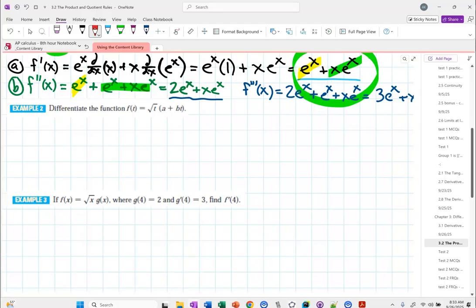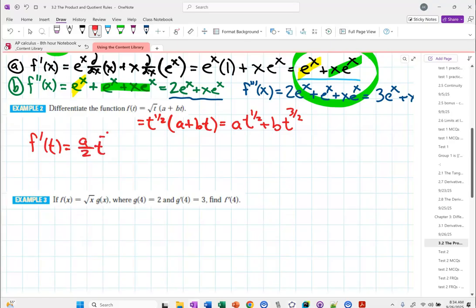And you do that. Probably easier than going to the product rule, though not wrong to do the product rule there.